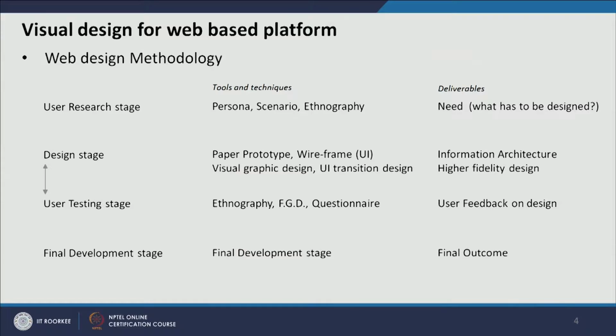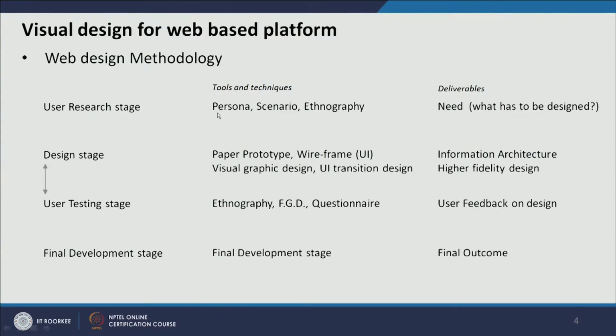And there we can see the first stage is user research. We start with ethnography, that is the bottom up approach or the inductive process of design. We start with the user, we find out what their need is. So that is the deliverable, what exactly has to be designed, that users actually tell us. From user research, by observing them, we understand the need of the final outcome.